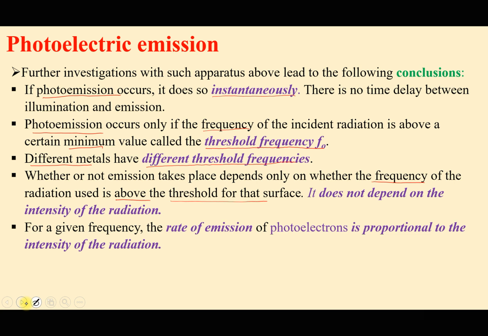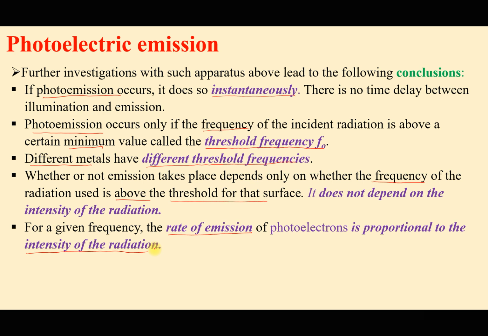And for a given frequency, that is, if the frequency is already above threshold, then the rate of emission of photoelectrons is proportional to the intensity. So the intensity just affects the rate at which photoelectrons are emitted. But of course, if the light has frequency below the threshold, there is no emission.